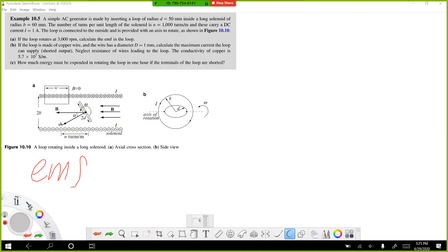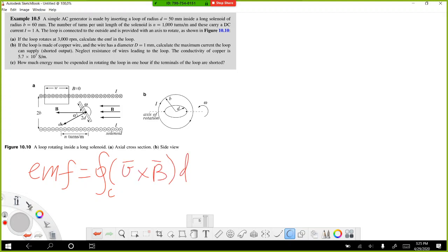However, using the approach where EMF is equal to the integral over the closed path of V cross B dr will be much more complicated, because our loop is in the form of a circle, and we need to define this dot product for each point of the circle, so we need to do one more integration.